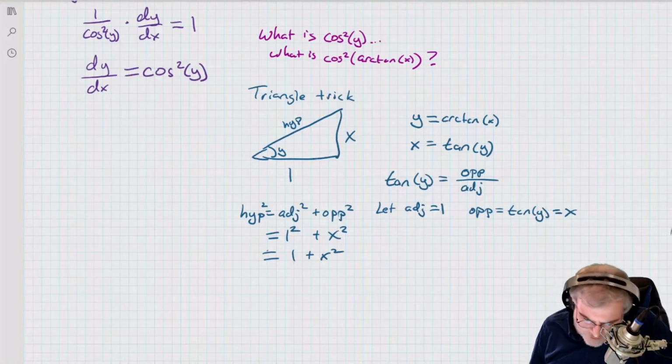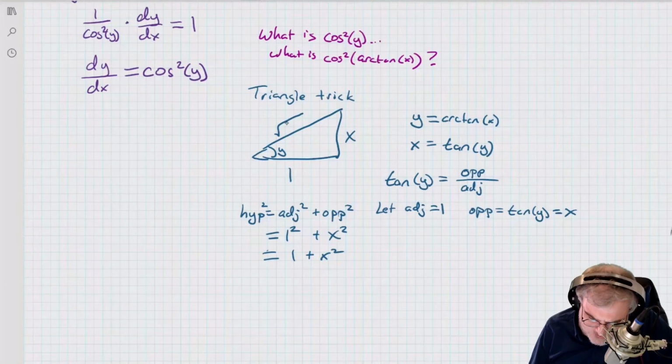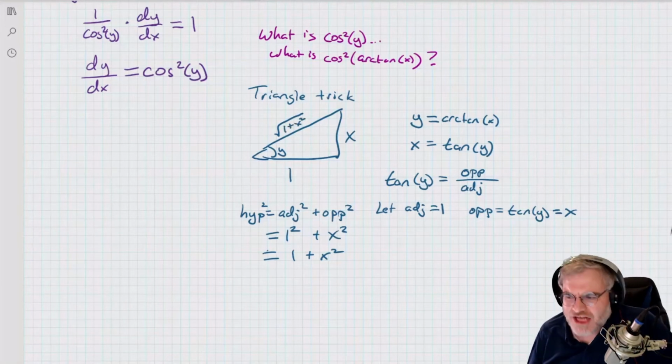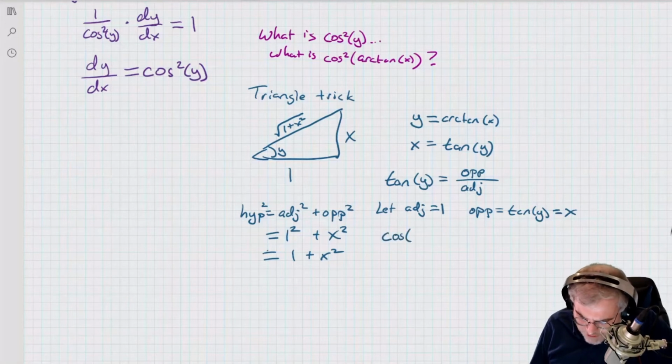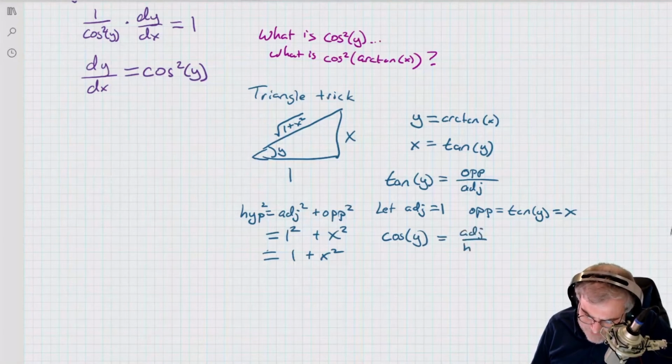Now, I'm going to write that up here with a square root sign, but I actually don't really care about the fact that this is square rooted. This right here is enough, because remember, I've got cosine squared. Well, cosine of y, which is what I know, equals adjacent over hypotenuse.